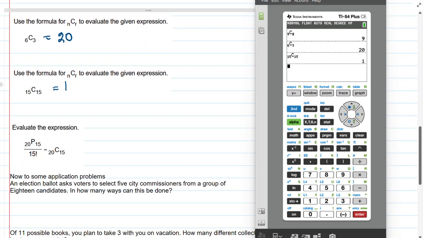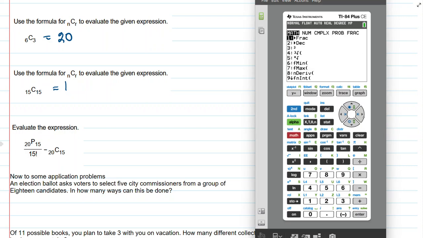Now we have this complicated item. You have options here of doing them individually or uniquely. So I'm going to do this part right here and then subtract that because they're pretty large numbers. So let's see if I can do it. We have a permutation and a combination. So I'm going to have 20, math, PROB, and I'm going to do number 2 for NPR.